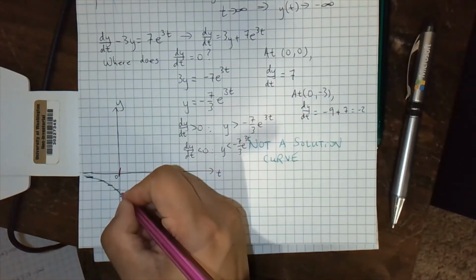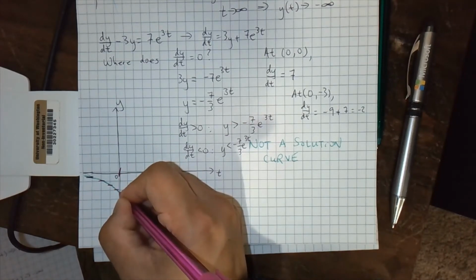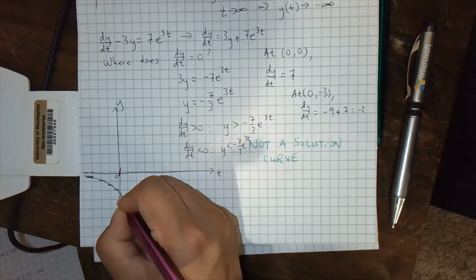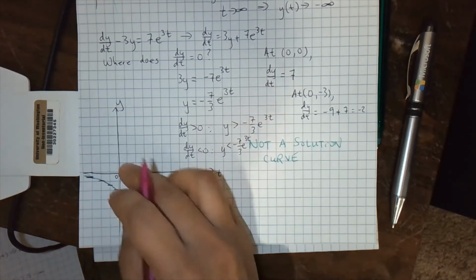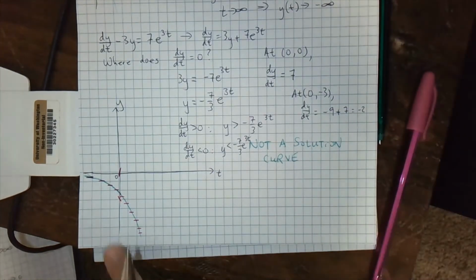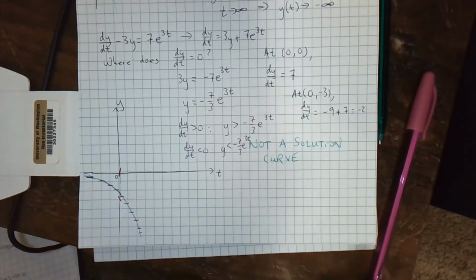Okay, so I actually did this pretty well. This is about 2 1/3. Okay, so this slope is negative 2. Fairly steep, not as steep as the positive 7 going the other way.